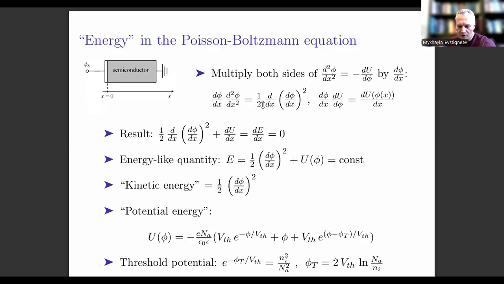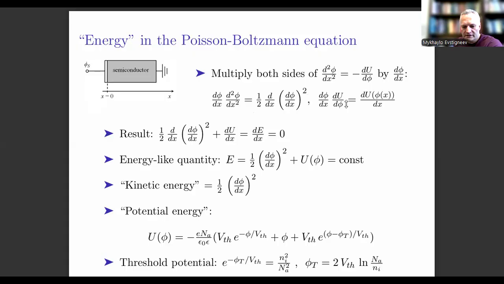Indeed, by using the chain rule, d by dx of d phi by dx squared is 2 times d phi by dx, since I have differentiated the square of a function. Now I need to differentiate the function itself, giving me d2 phi by dx squared. So I need to compensate for this factor of 2, which pops out after differentiating the square with respect to x. That's why I multiply by 1/2.